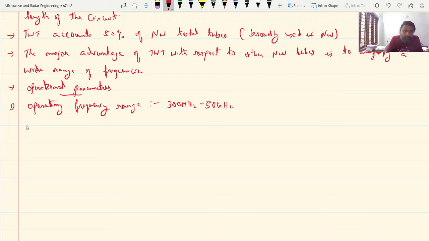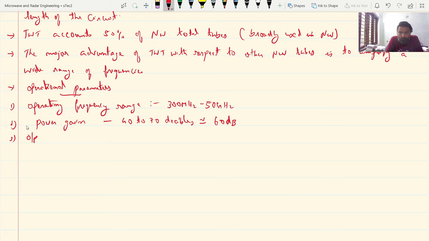The second point is power gain, which is 40 to 70 dB, nearly 60 dB. The third is output power, ranging from a few watts to megawatts.